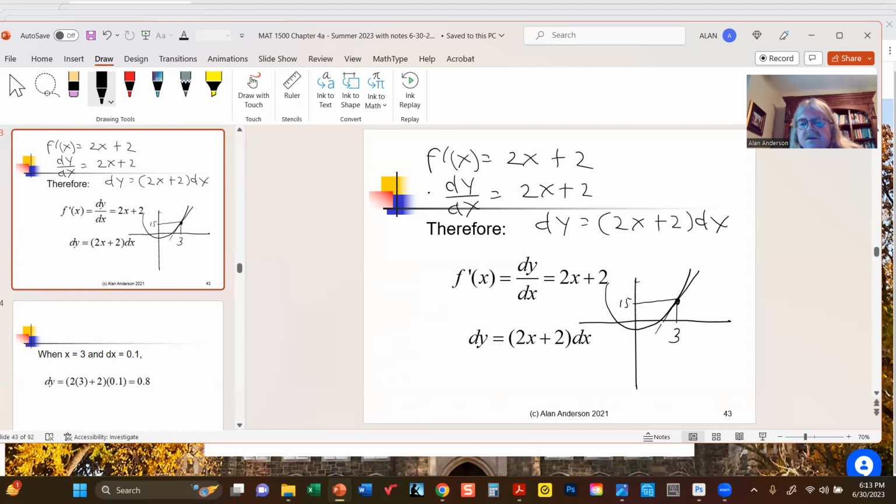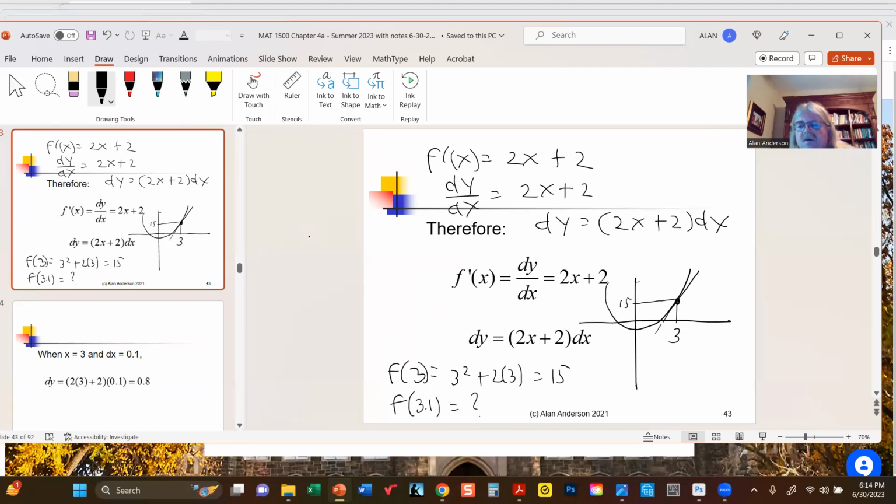What we're going to do is find the approximate value of this function when x is not 3, but 3.1, using this approach, not plugging it into the formula.